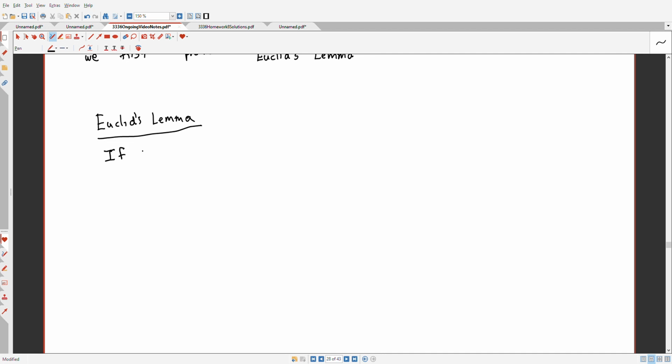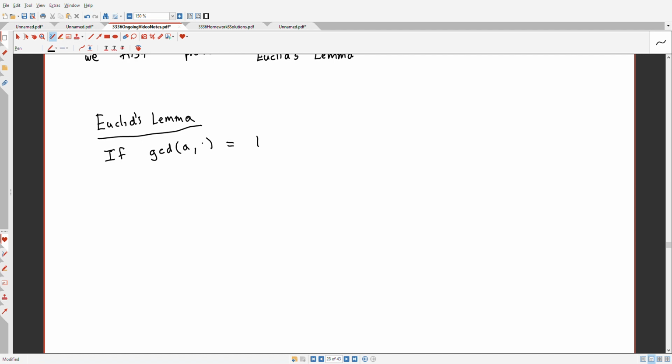If the greatest common divisor of two numbers is 1, do I want to use A and B? Maybe I'll use different symbols. Let me use a different symbol than B. I'm just thinking ahead.